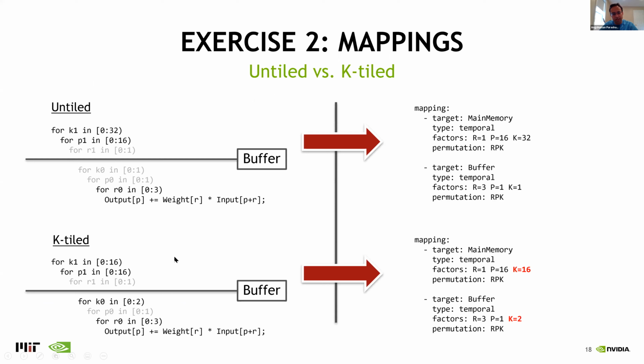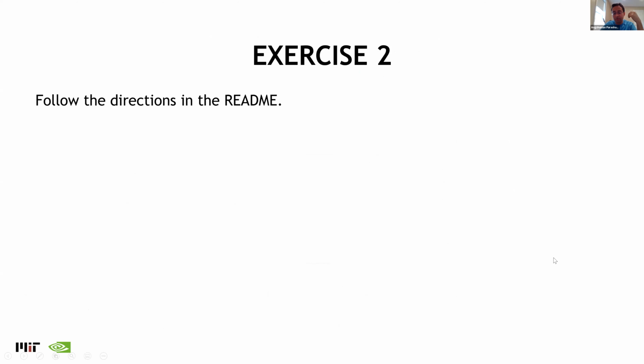That's because you've got an R in the innermost loop in both of these examples. And so the word output stationary is not a complete specification of what a mapping looks like. You need to describe a lot more things. It is a convenient and intuitive descriptor that tells you where things are, but it's not a complete spec.